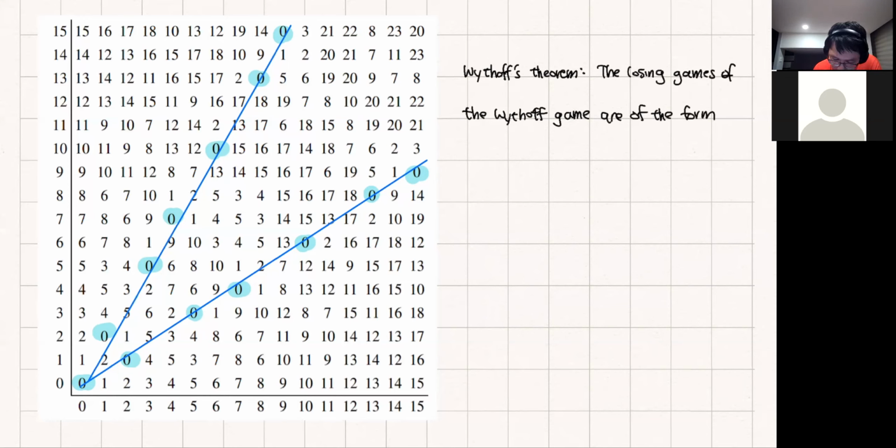You can enumerate all possible losing games in this game. Let's write down coordinates: the floor of phi n and phi squared n, and symmetrically phi squared n, phi n, for n going from 0, 1, 2, etc.